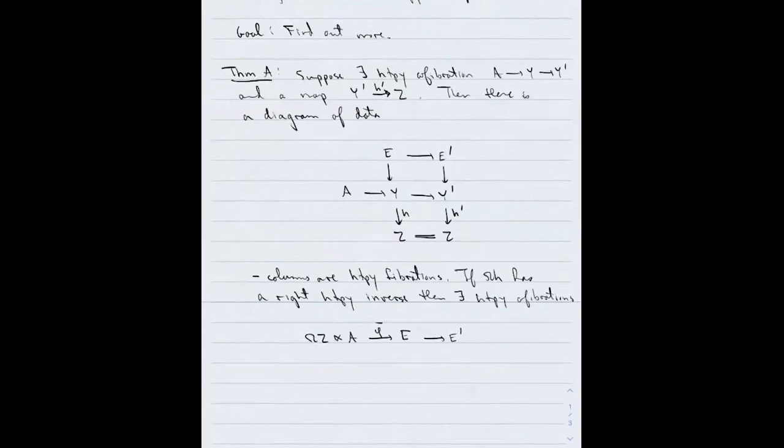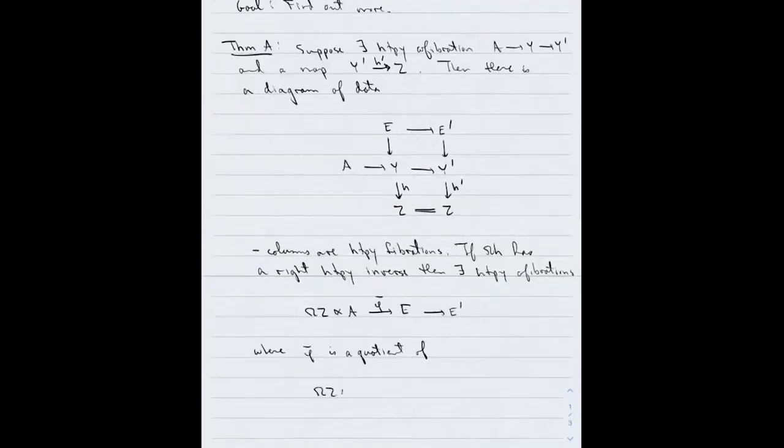Now I'll call this map phi bar, where phi bar is a quotient of the composite that you get when you pick a lift G of this initial map F up into E, and then do the action.